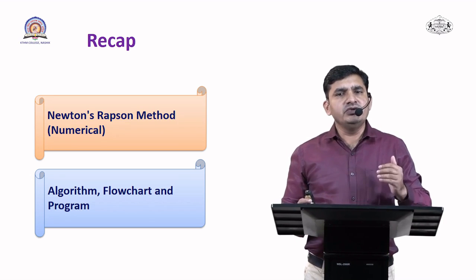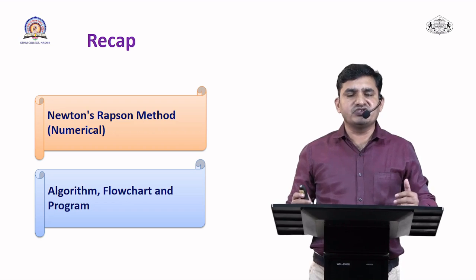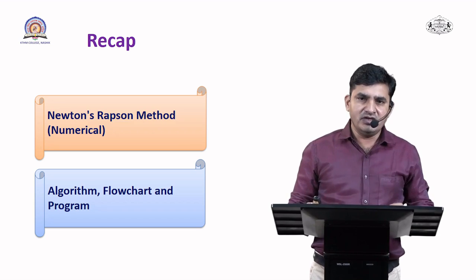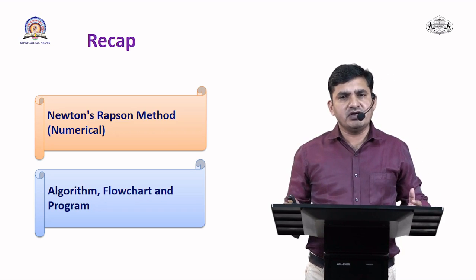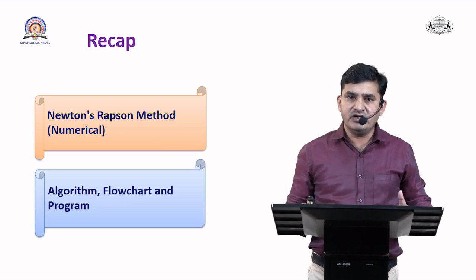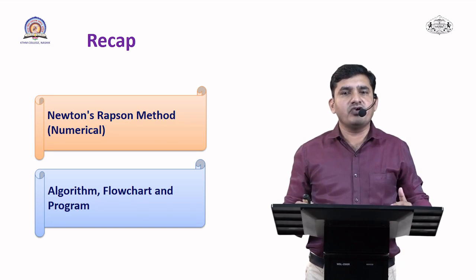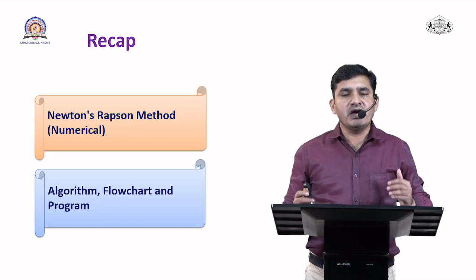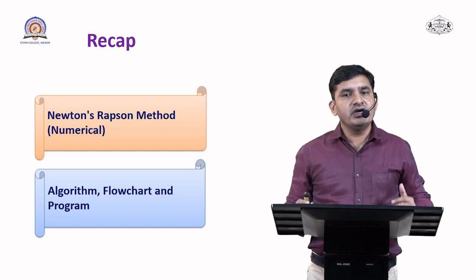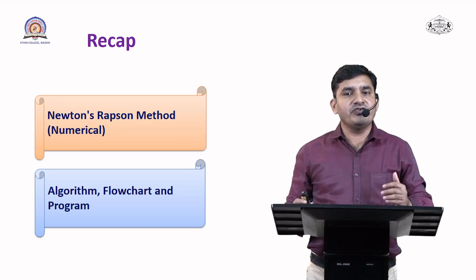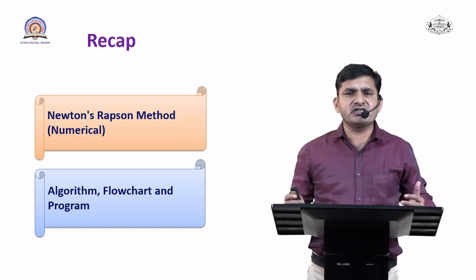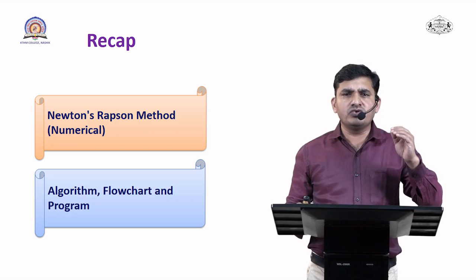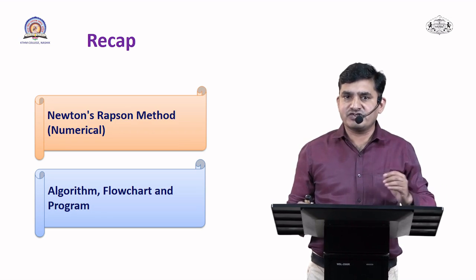We know that the Newton-Raphson method is used to determine a root of a given equation, and the root up to a particular iteration can be found by using the formula x1 is equal to x0 minus f of x0 divided by f dash of x0. This process is carried out until we get the appropriate root of the given function.